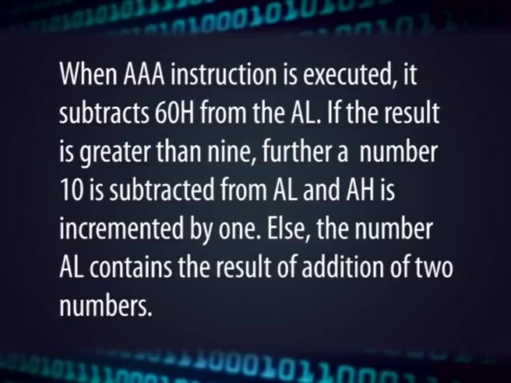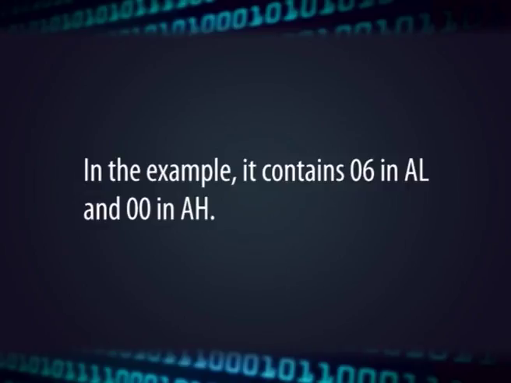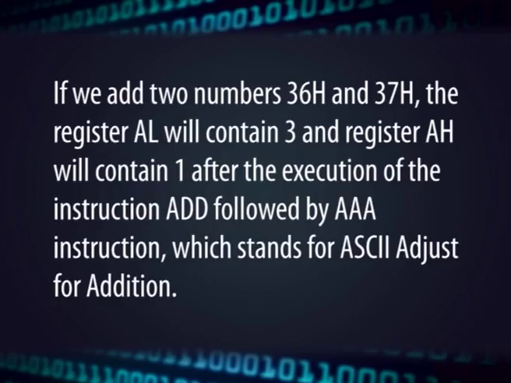Else, AL contains the result of the addition of the two numbers. In the example, it contains 06 in AL and 00 in AH. If we add two numbers 36 hexadecimal and 37 hexadecimal, the register AL will contain 3 and register AH will contain 1 after the execution of the add instruction followed by the AAA instruction, which stands for ASCII adjust for addition.